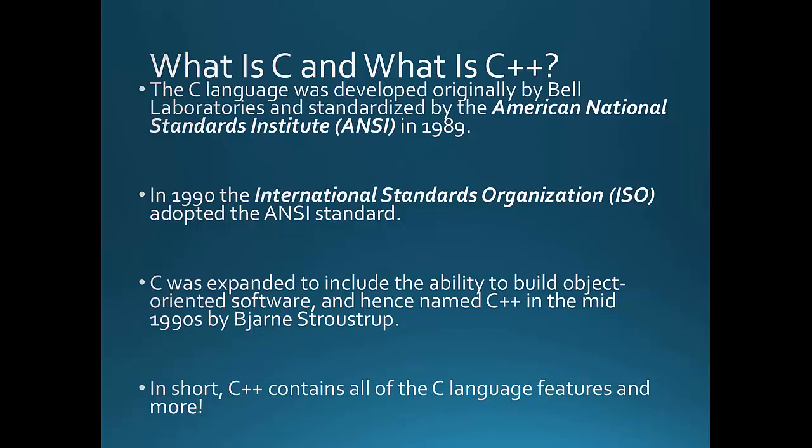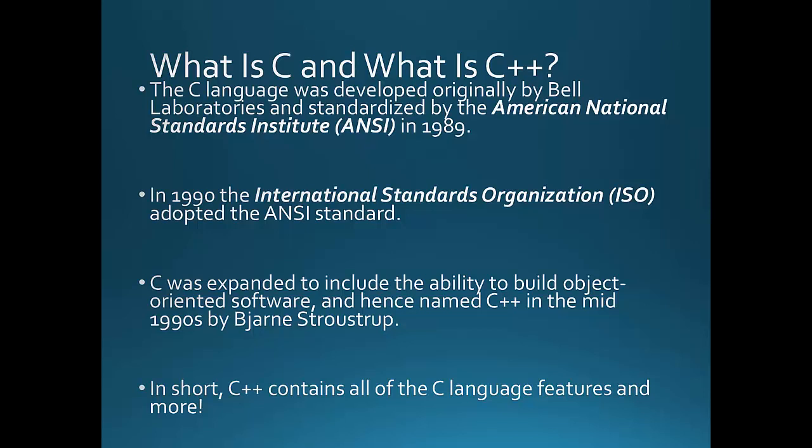In 1990, Bjarne Stroustrup expanded C to include object-oriented capabilities. He basically took elements of a programming language called Simula, which is a simulation software, and then used that to take C, which at the time was one of the faster, or maybe the fastest, higher level languages.